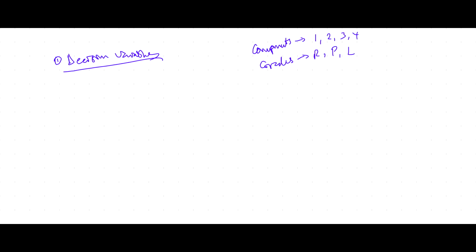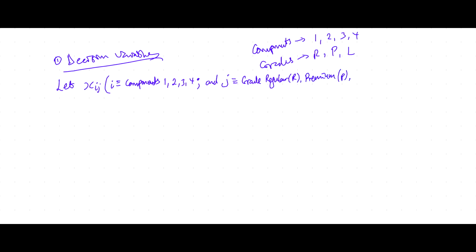So the decision variable will be Xij, where i is the component, components 1, 2, 3, 4, and j is equivalent to the grade, where the grades are R for regular, P for premium, and L for low lead.